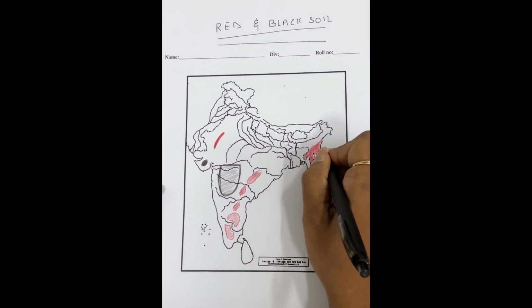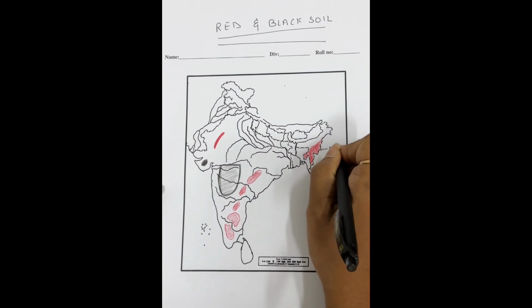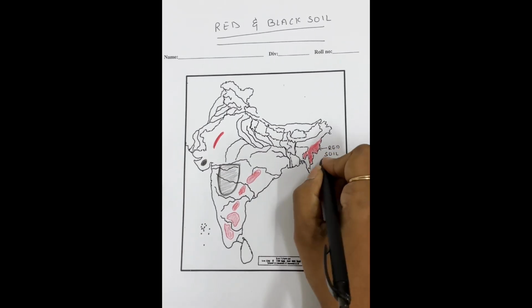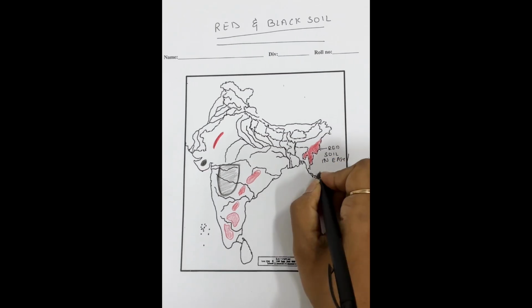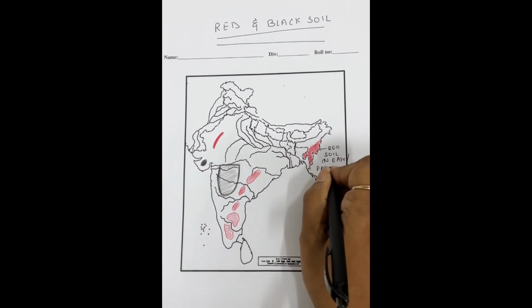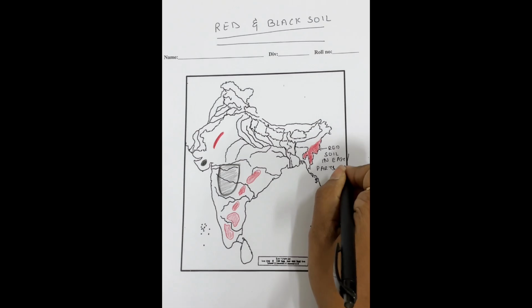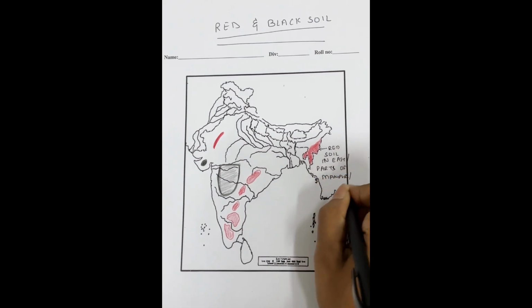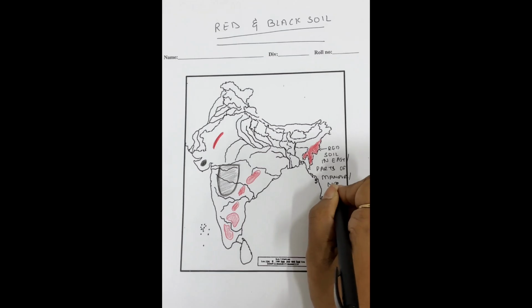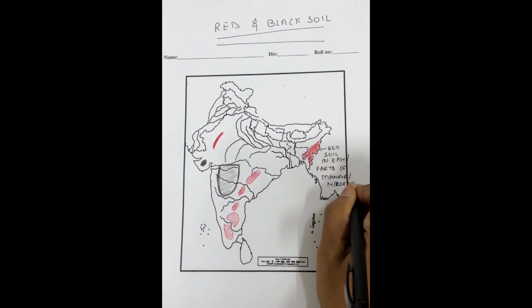Now, this is red soil in east, or can I also say in parts of Manipur, or you can also say Mizoram. Okay.